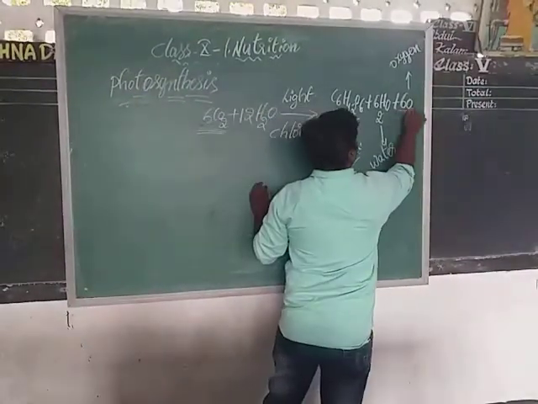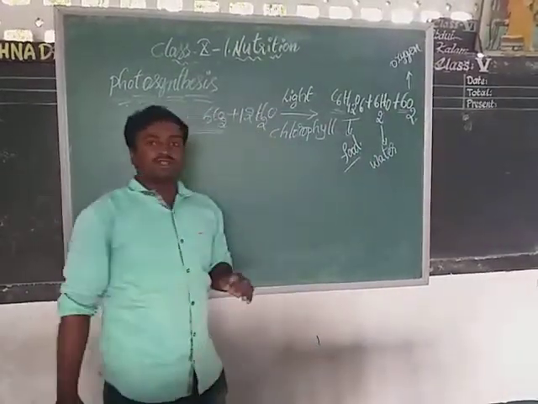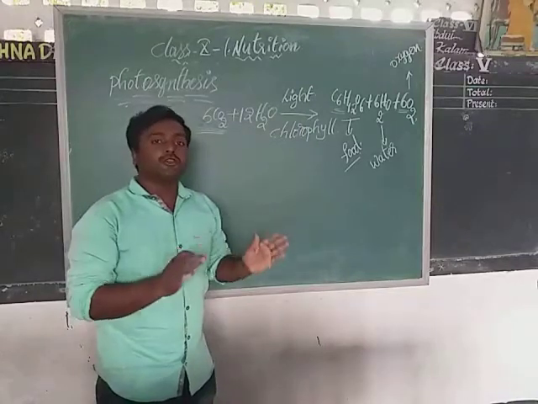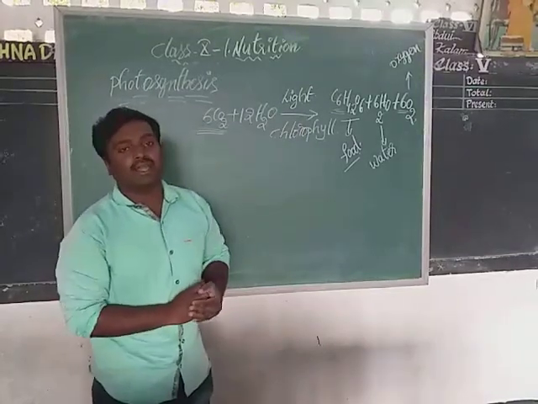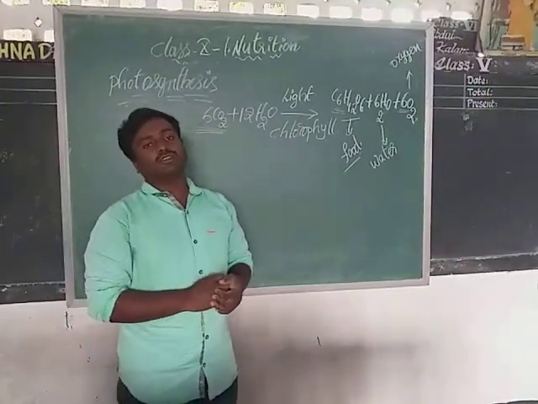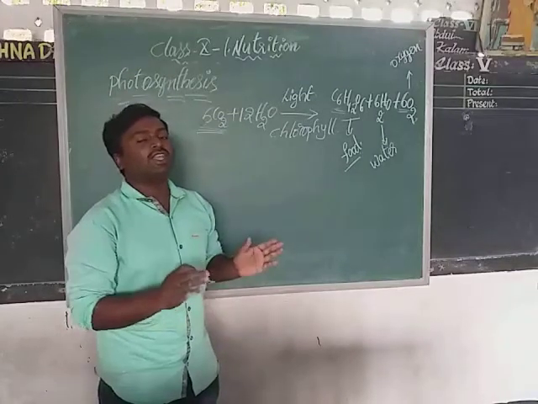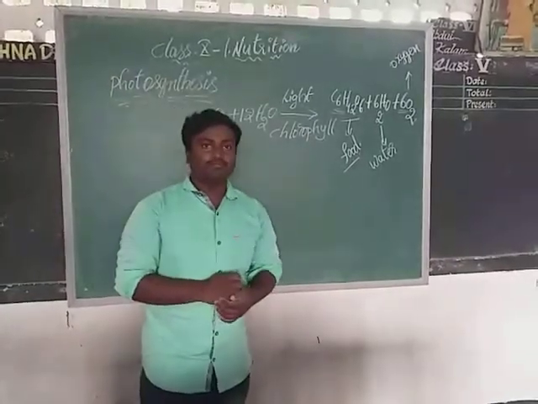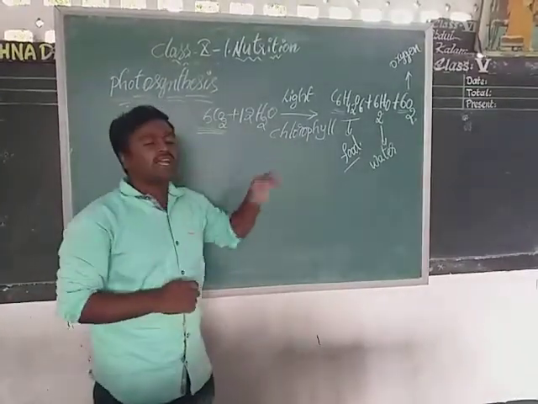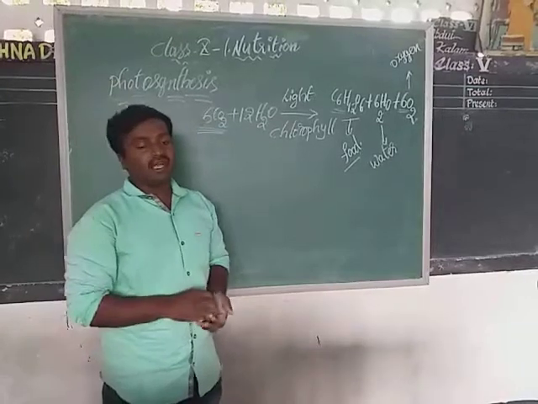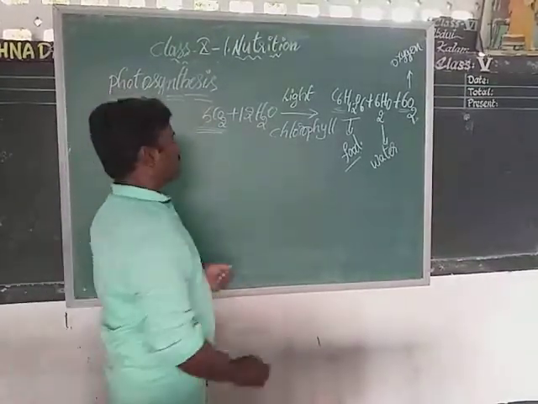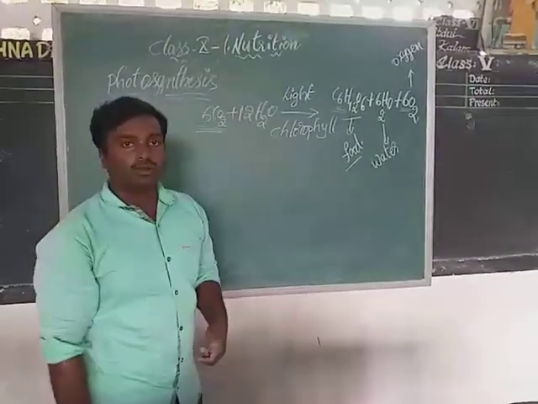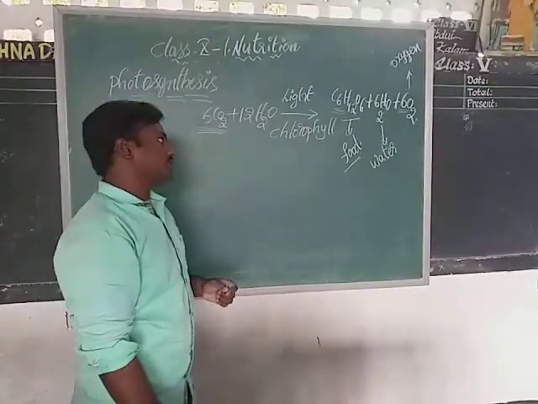Next, how can you prove that oxygen, 6O2, 6 molecules, is liberated in the process of photosynthesis? So these three are very important activities in our chapter 1. Along with these three, another activity is also there: how can you show that light plays an important role in the process of photosynthesis.